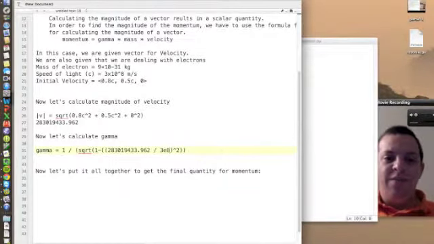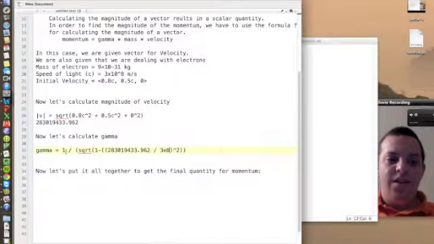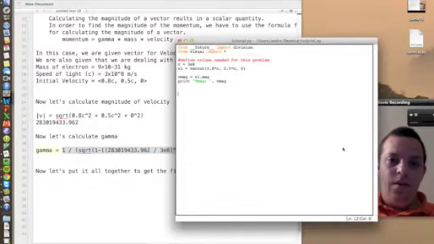So let's go back to VPython real quick, and we'll run this, and we'll get our value for gamma, and then after that, we'll just put it all together and get our final answer. So if we just copy this line right here, I can get the equation that I need. And we'll call it gamma.